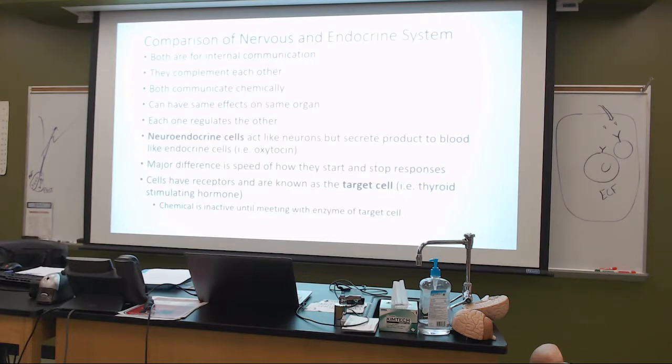So what this is telling me is that the chemical messenger affects what that cell does: either make more, do more, make less, do less. Okay, is everybody with me at this point?